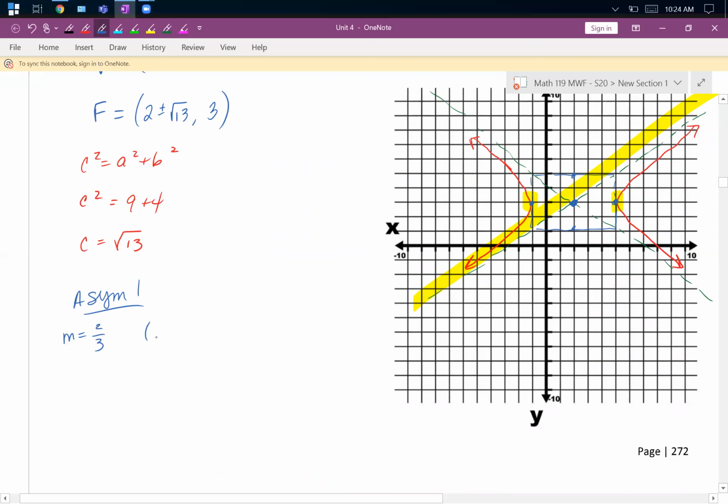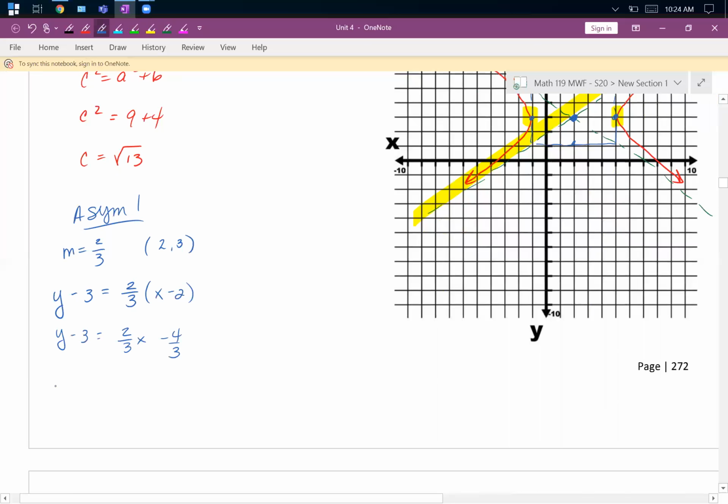And then we're passing through our center, which was the point (2, 3). We get y equals 2/3 x plus 5/3.